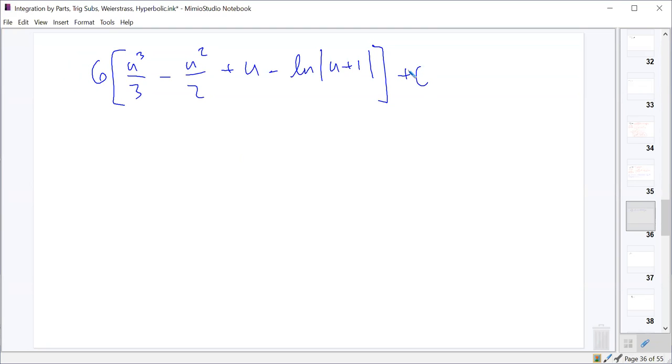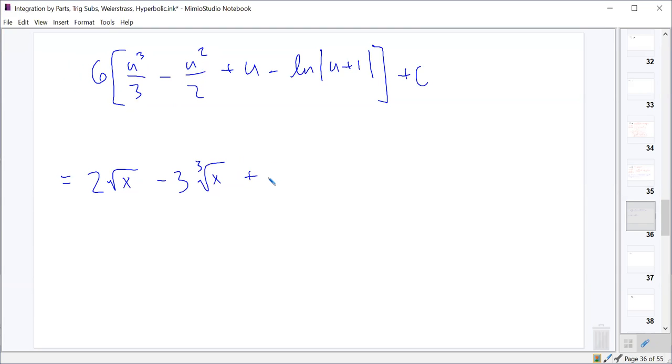And then let's distribute the 6 through everything and then replace all the u's with x to the 1/6. So 6 over 3 is going to be 2. X to the 1/6 to the 3rd ought to be x to the 1/2 or root x. And then 6 divided by 2 ought to be 3. X to the 1/6 squared ought to be x to the 1/3 or the cube root of x.